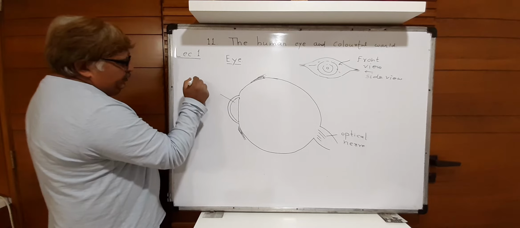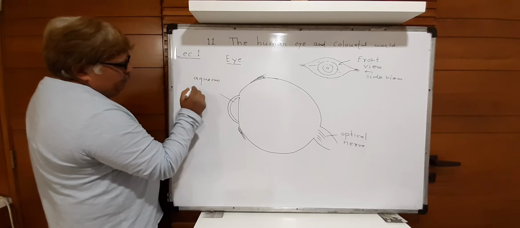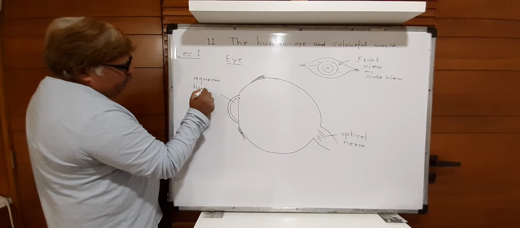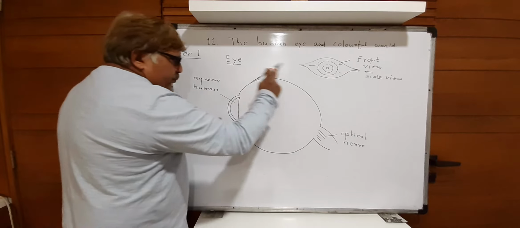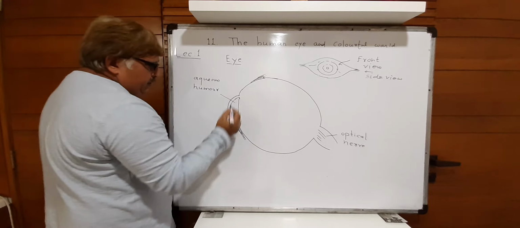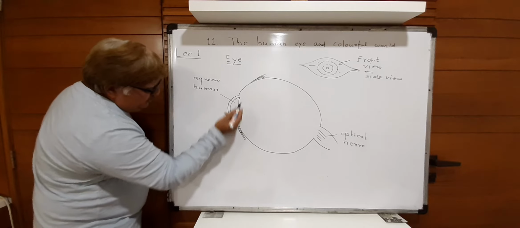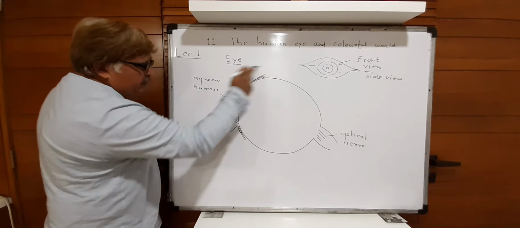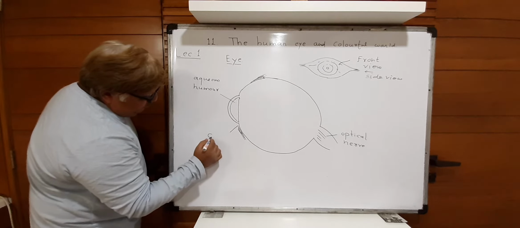What I have shown here is aqueous humor. Okay? This part which we have initially drawn is actually, you can call the protective cover of our eyeball, which we can call cornea.